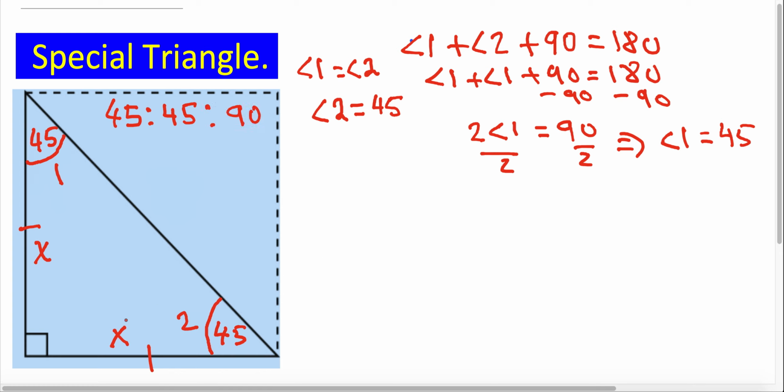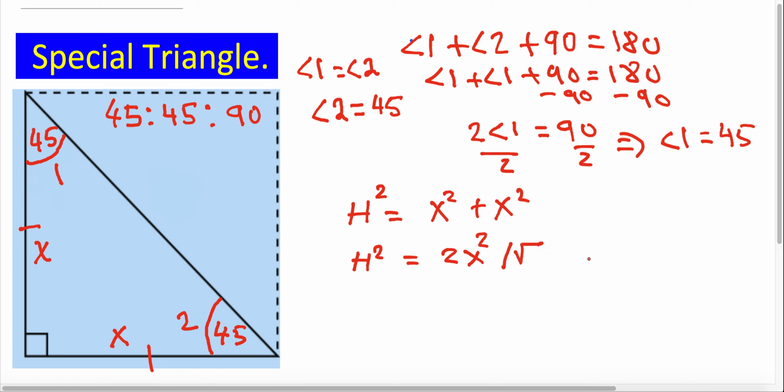And now, since this is a right triangle, we can use the Pythagorean theorem, which says that the hypotenuse, let me write h, h squared is equal with x squared plus y squared, but the other side here is also x squared. And h squared is going to be equal to 2x squared.